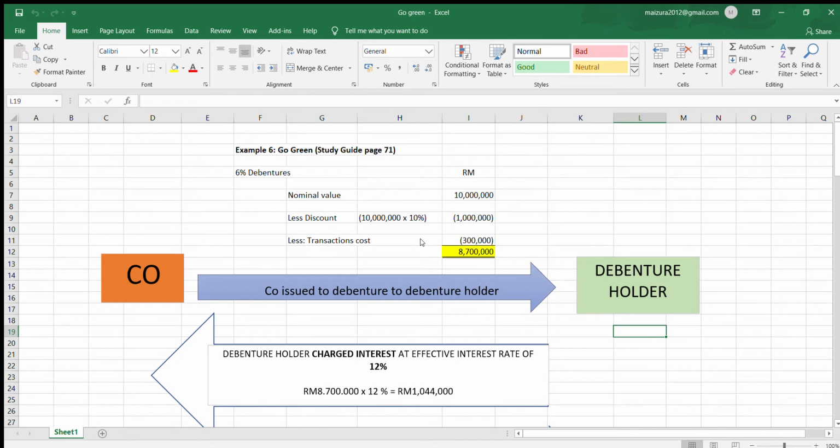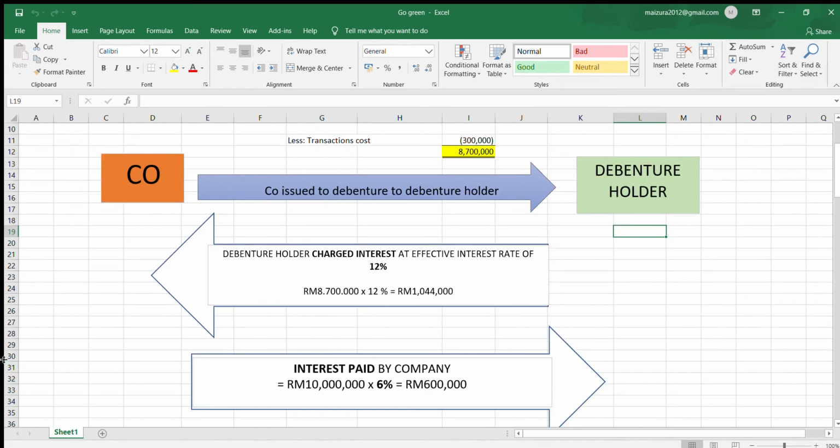Mind you, for debentures there is no number of debentures; it is totally in RM. Basically the company issues debentures to the debenture holder, and in return the debenture holder gives money to the company, and subsequently the debenture holder will charge interest at the effective rate.